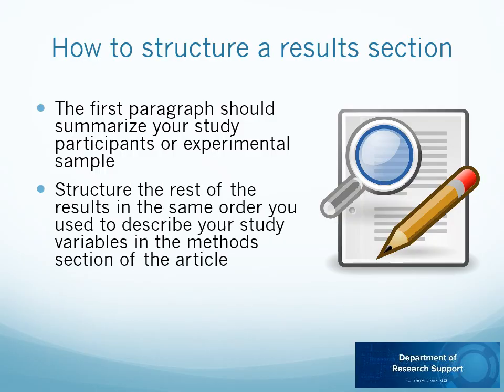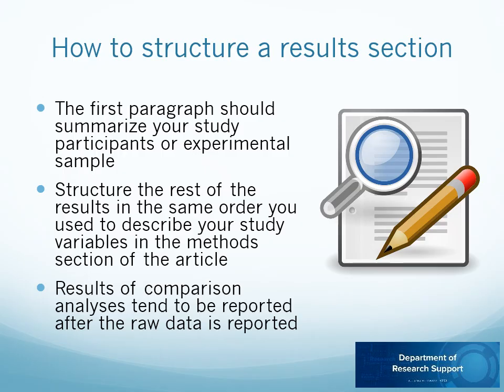The rest of the results section is usually structured by the order of your study variables, which should have been described in the methods section. Typically, this is also the order used to describe the statistical analyses in the methods as well. When you use the same order for study variables throughout all sections of your article, you help your readers better understand your study.